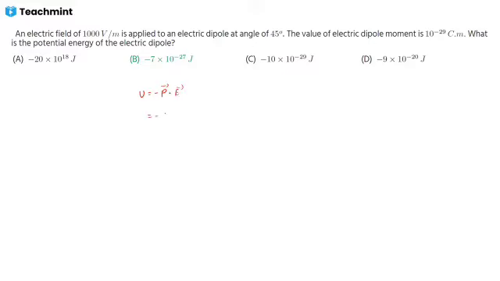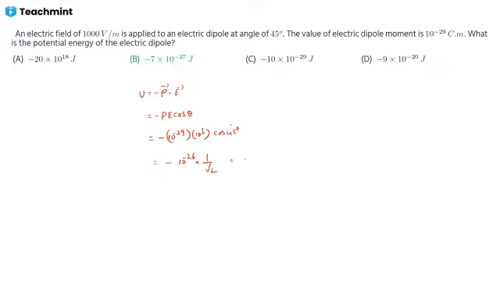So, or simply we can write it as minus PE cos theta in magnitude form. So minus P value 10 power minus 29 and E value they given it as 10 cube, 1000, and theta value 45 degree. So that is minus 10 power minus 26 into 1 by root 2.